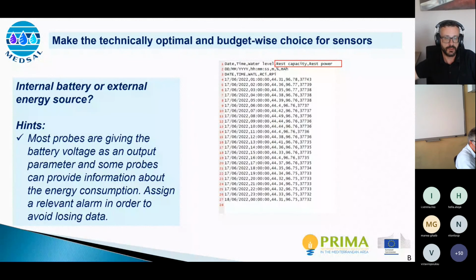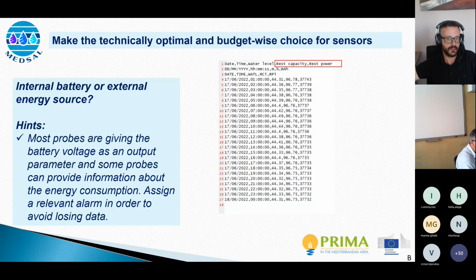Another hint: most probes give the battery voltage as an output, and some probes can also provide information about the energy consumption. Here's an example that I give you, where we have the rest capacity, the capacity of the battery that remains, and also the power in microampere hours.